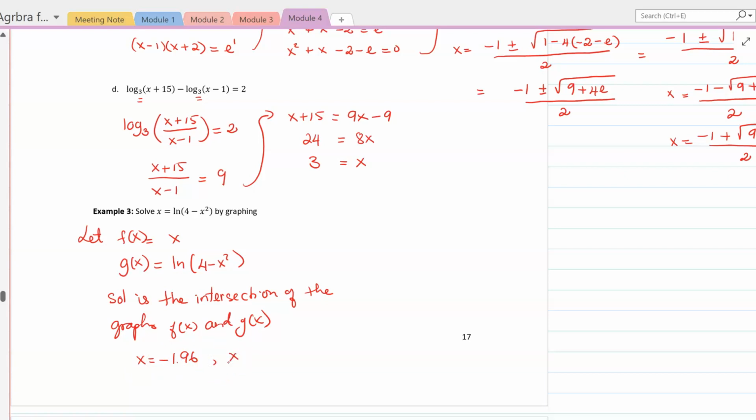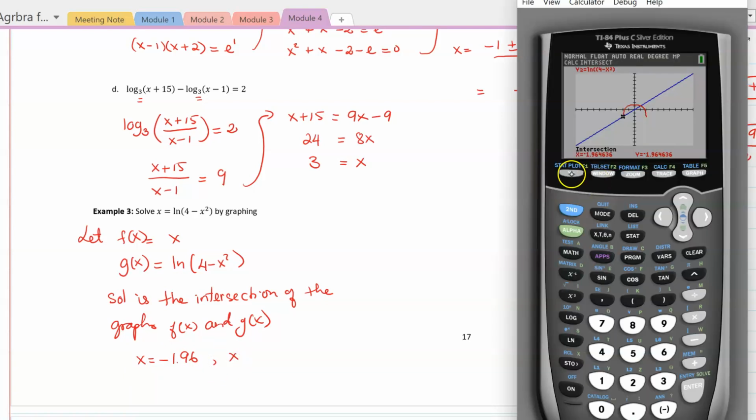And there is another intersection, so let's calculate the other intersection. Here's our first curve, and there's the second curve, and that is the intersection at about 1.06.